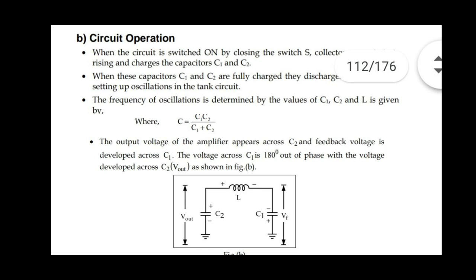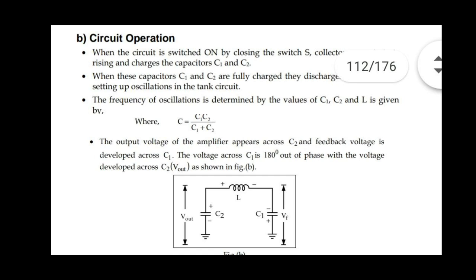The two capacitors are charged fully, slowly, in the form of electrostatic voltage, and then they discharge through the inductor L slowly.